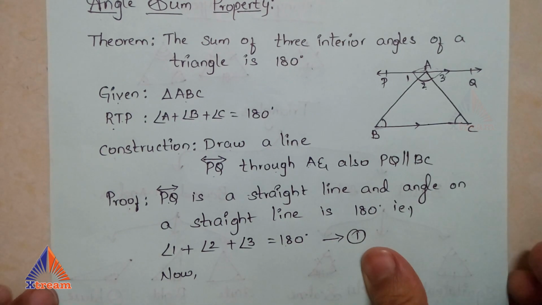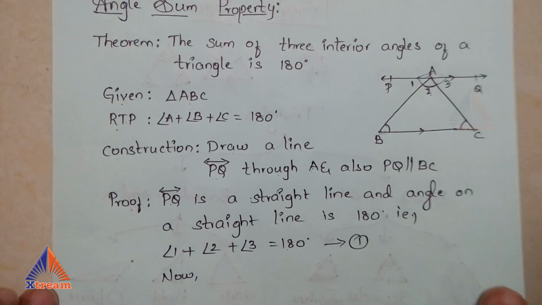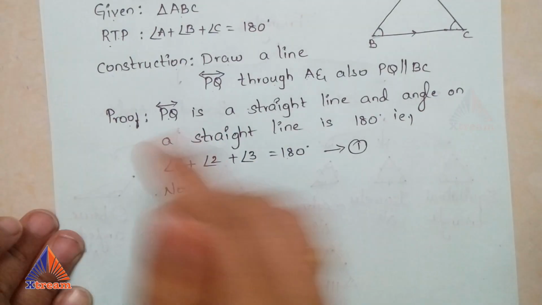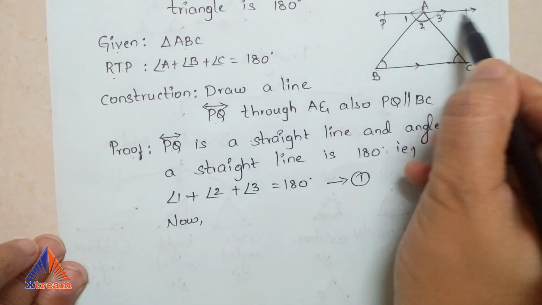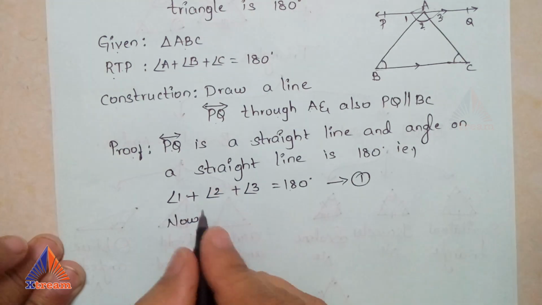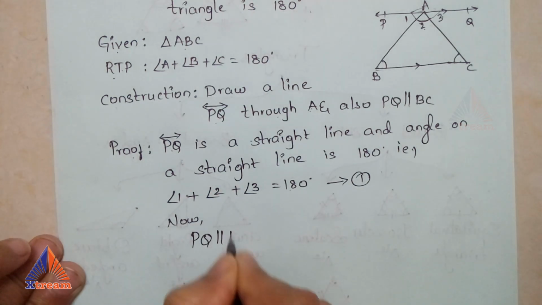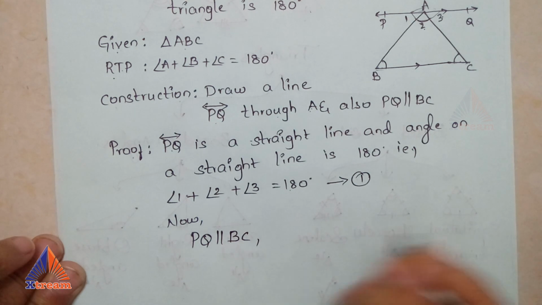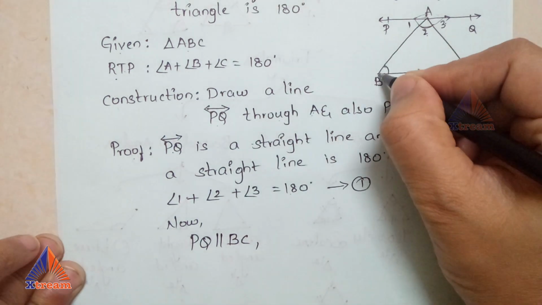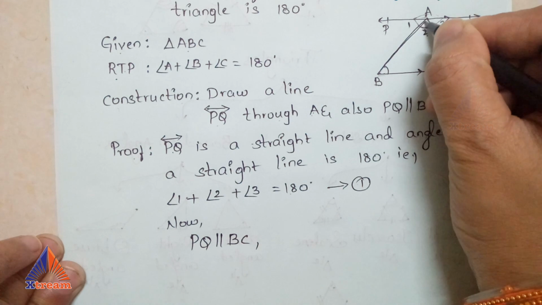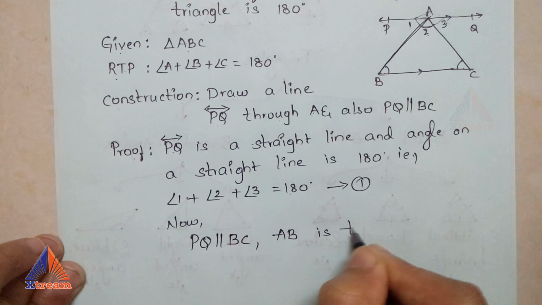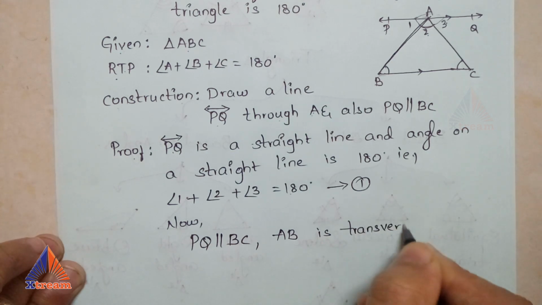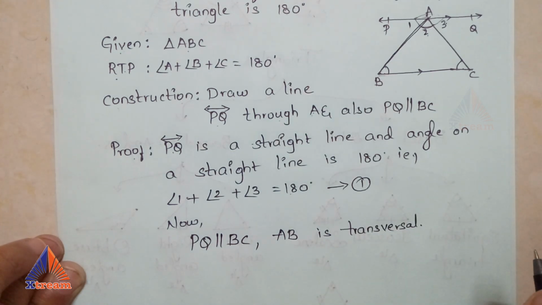Now we have to use the properties of parallel lines to understand the angle sum property. First consider PQ and BC are parallel. If these are parallel lines, we first take AB as a transversal. A transversal is a line which intersects parallel lines.